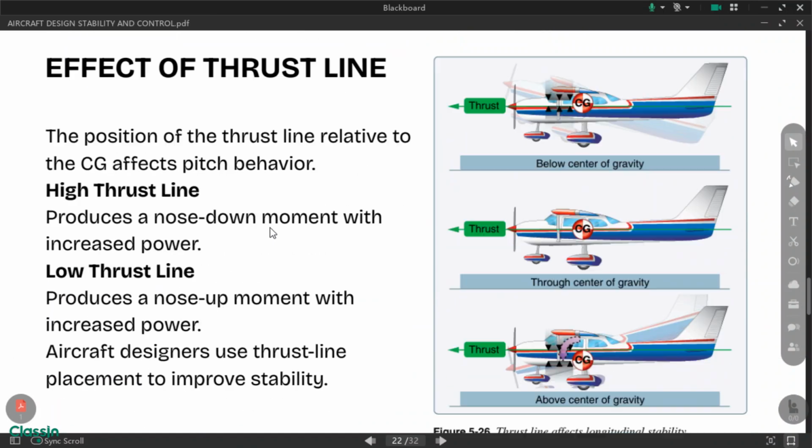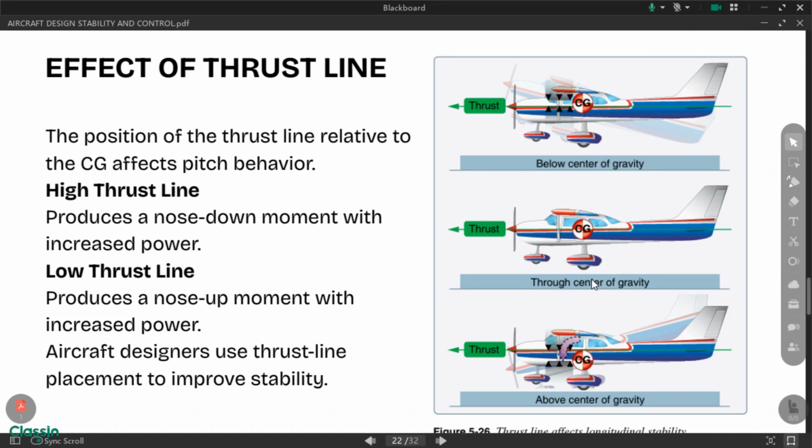So, more about the longitudinal stability. So, you have yung effect ng thrust line. Okay? So, yung longitudinal stability natin, it's not only influenced by the lift and yung tail forces natin. It can also be influenced by the thrust. So, yung location ng thrust line natin relative to the center of gravity, it affects yung pitching moments natin.